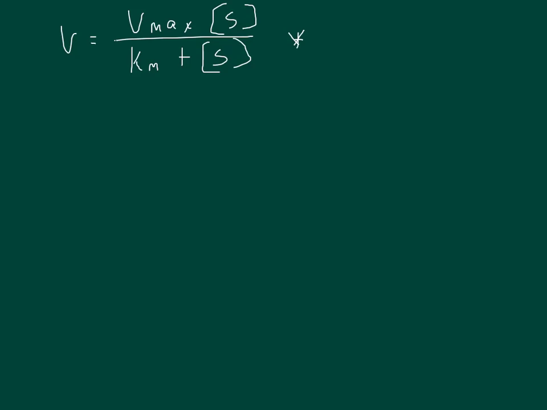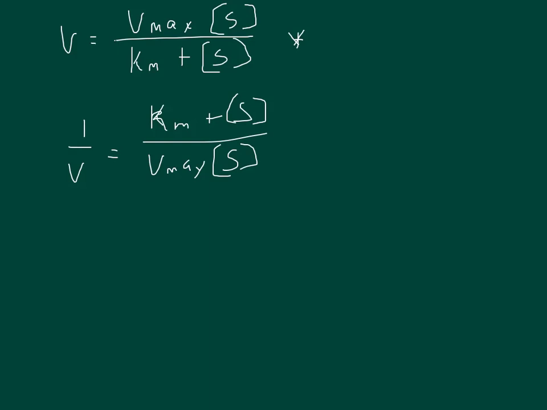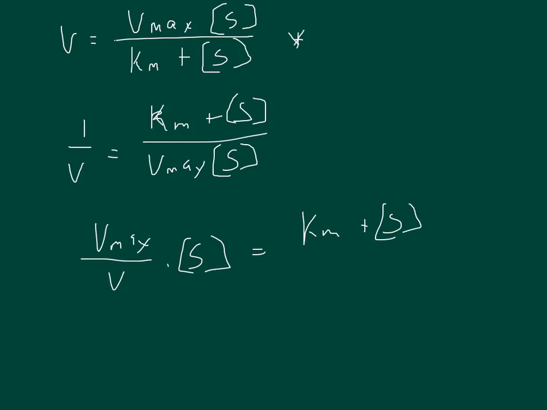If V equals Vmax times S over Km plus S, we can say that 1 over V is equal to Km plus S over Vmax times S. And then the next thing we're going to do is multiply both sides by Vmax times S. So we get Vmax over V times S is equal to Km plus S. And then we subtract this S to the other side.